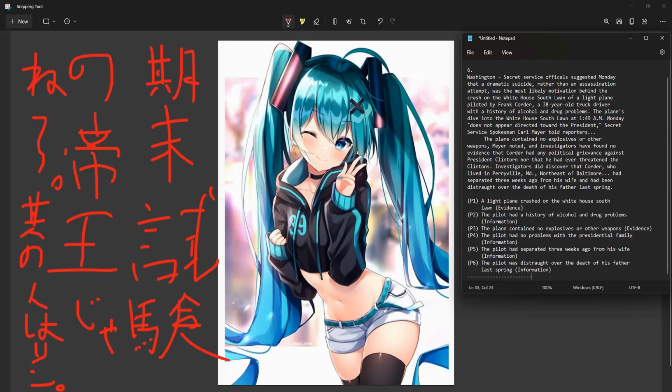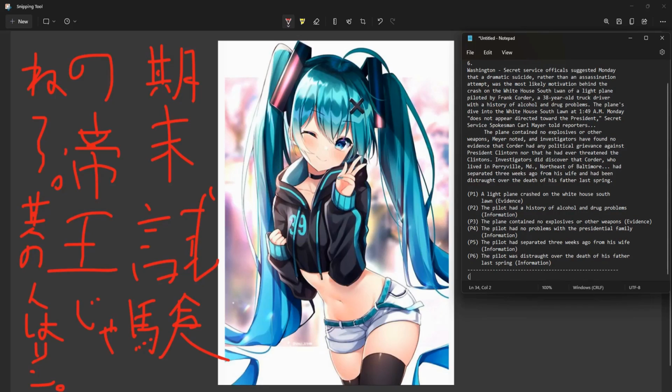So now, let's start concluding things. Conclusion one is the pilot crashed the plane as a dramatic suicide.